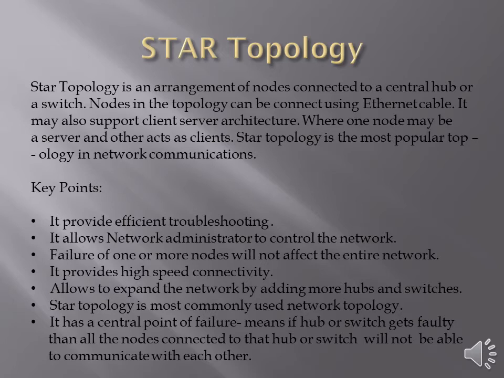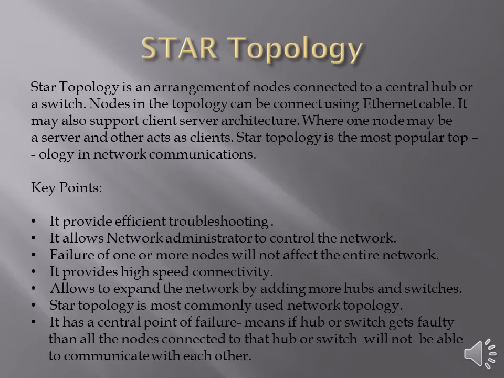Key points in star topology are as follows. It provides efficient troubleshooting. We can troubleshoot the network easily. It allows network administrator to control the network. Network administrator can configure the switch as per the convenience and configure the network as per requirement.